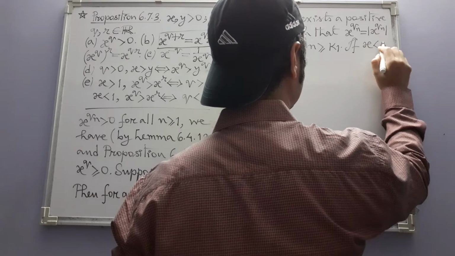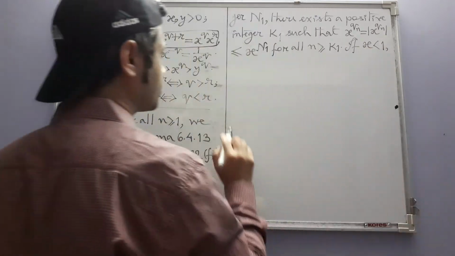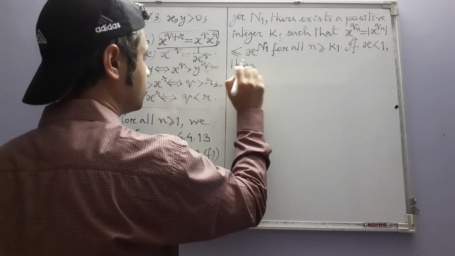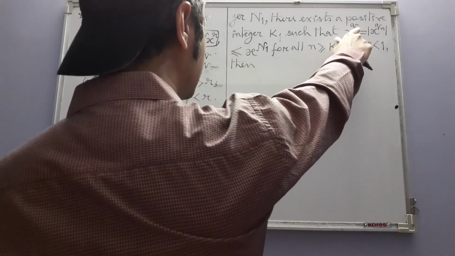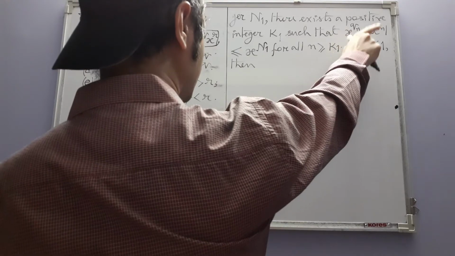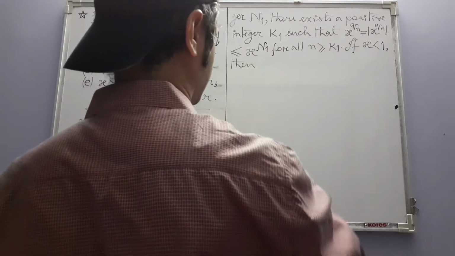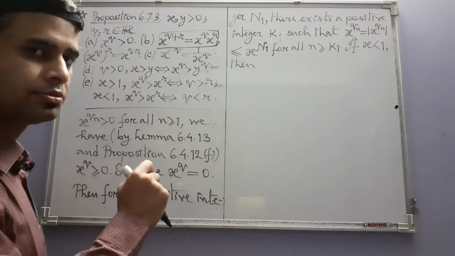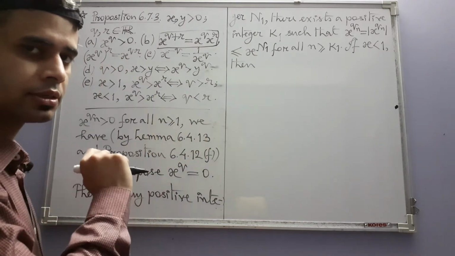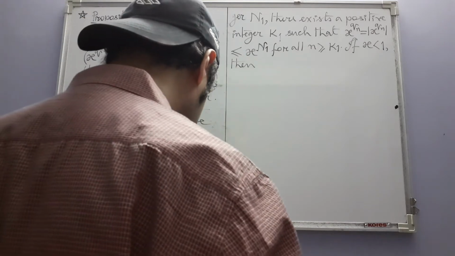If x is less than 1, then qn will be greater than or equal to n1, because the base x is less than 1, and here we are again using that lemma 569 part E, I think.